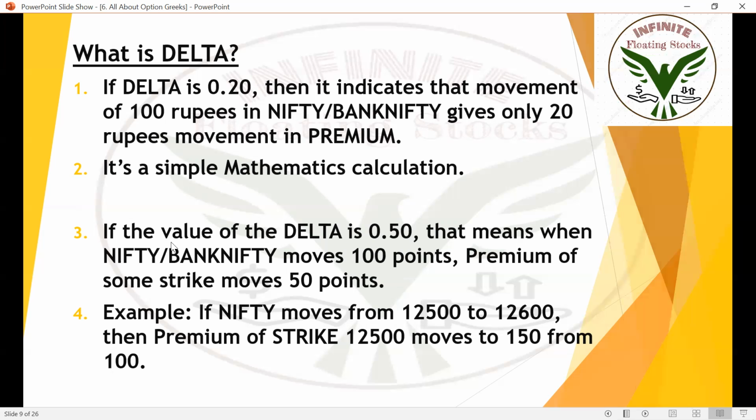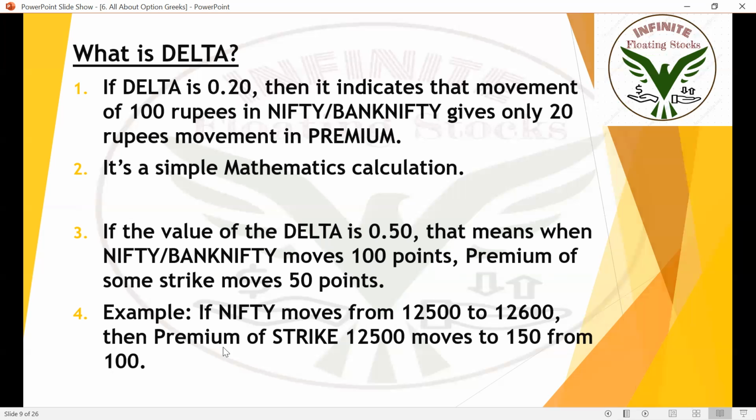If the value of delta is 0.50, that means if Nifty or Bank Nifty moves 100 points, then the premium of some strike moves 50 points. Let's look at an example. Imagine Nifty moved from 12,500 to 12,600. That's a move of 100 points.